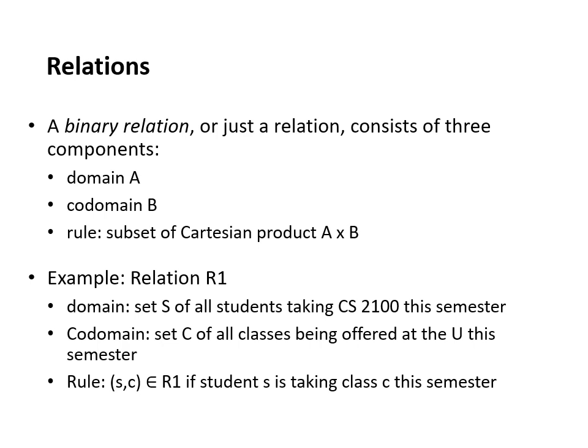The codomain is the set C of all classes being offered at the U this semester. And the rule is that the pair (S, C) belongs to the relation R1 if student S is taking class C this semester.